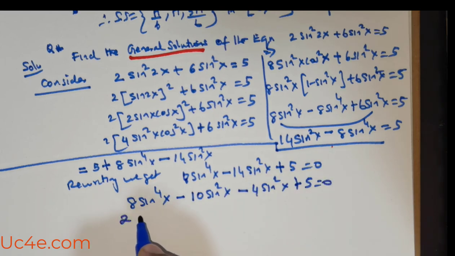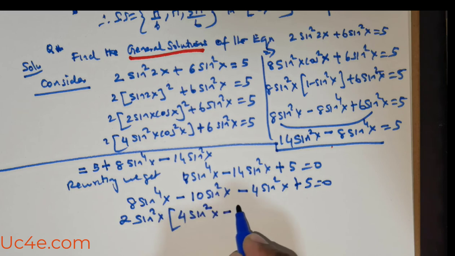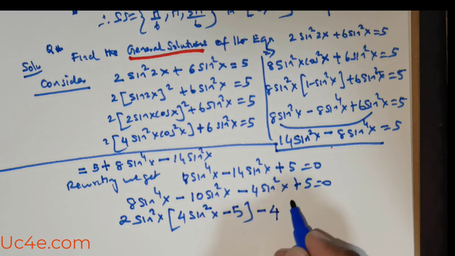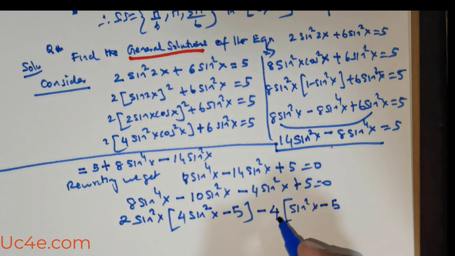I can take 2 times sine squared x out, that would give me 4 times sine squared x minus 5. 2 times 5 is 10 with a negative sign, that's going to get me 10 sine squared x with a negative sign, followed by, if I were to take 4 out, that would give me sine squared x minus 5. So I cannot take 4 out.